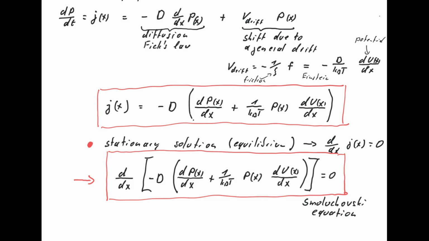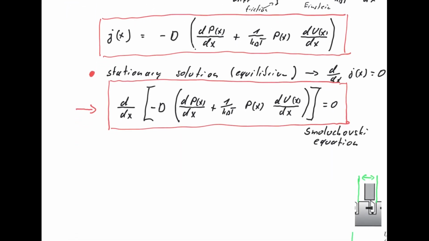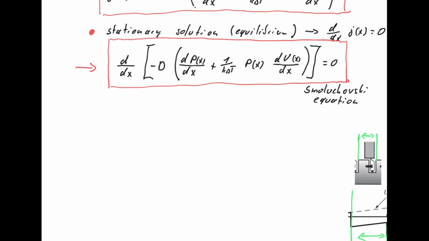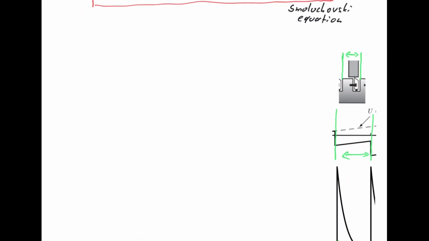You also understand now how we get to our final solution. Because we have calculated the flux in the system, for that, you will need the probability distribution P of x. Yet the probability distribution P of x needs to solve the Smoluchowski equation. Hence, what we are going to do is look for solutions of the Smoluchowski equation.